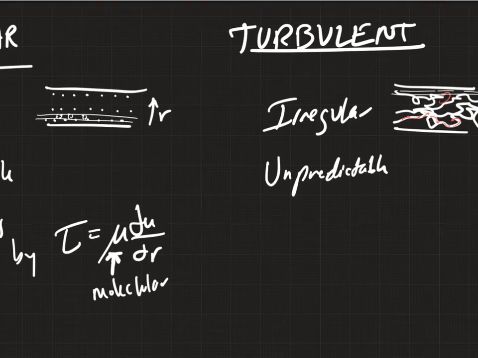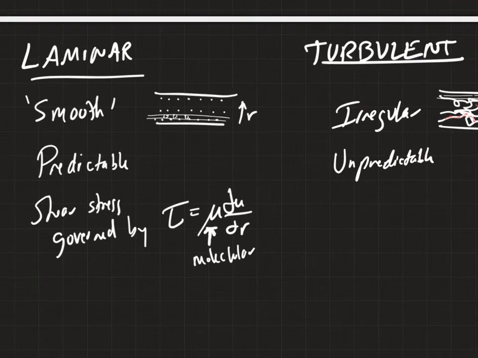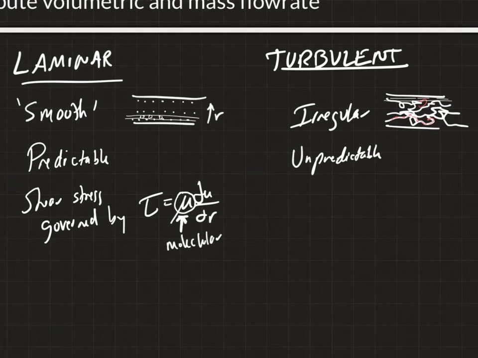So when we talk about the stress in the fluid, in this case that's determined by this viscosity. Over here, the stress is much, much higher. So we have greater stress, and that's due to greater exchange. It's not dependent on just the random motion of molecules.